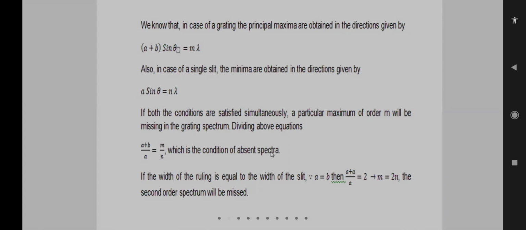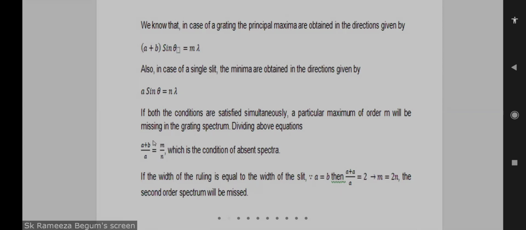For the order of diffraction that goes missing, this is the condition: a plus b by a is equal to m by n. Okay, if the width of the ruling is equal to the width of the slit, that is a is equal to b, then a plus a by a is equal to 2.